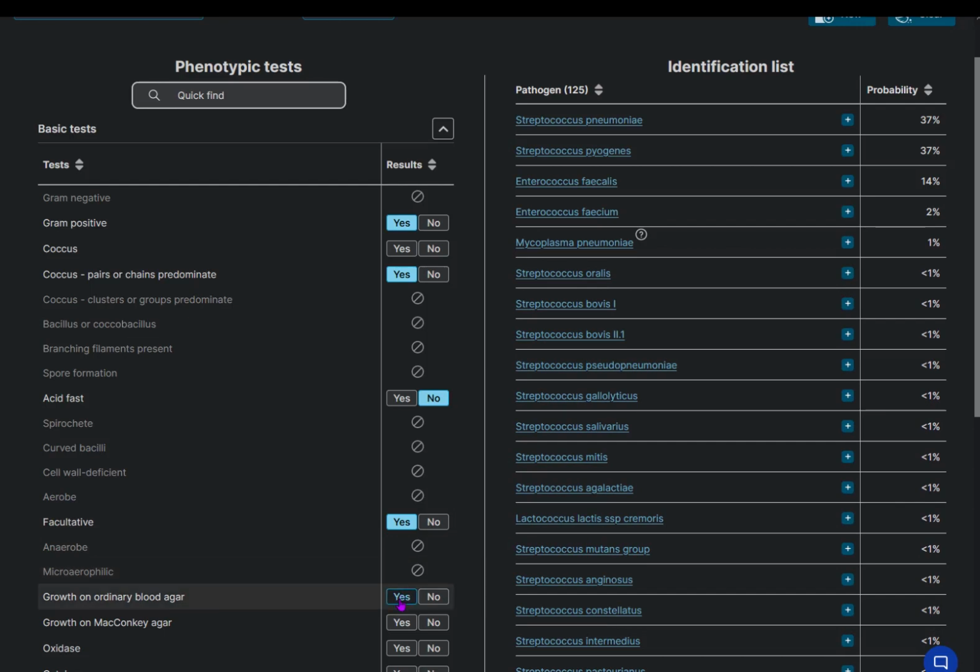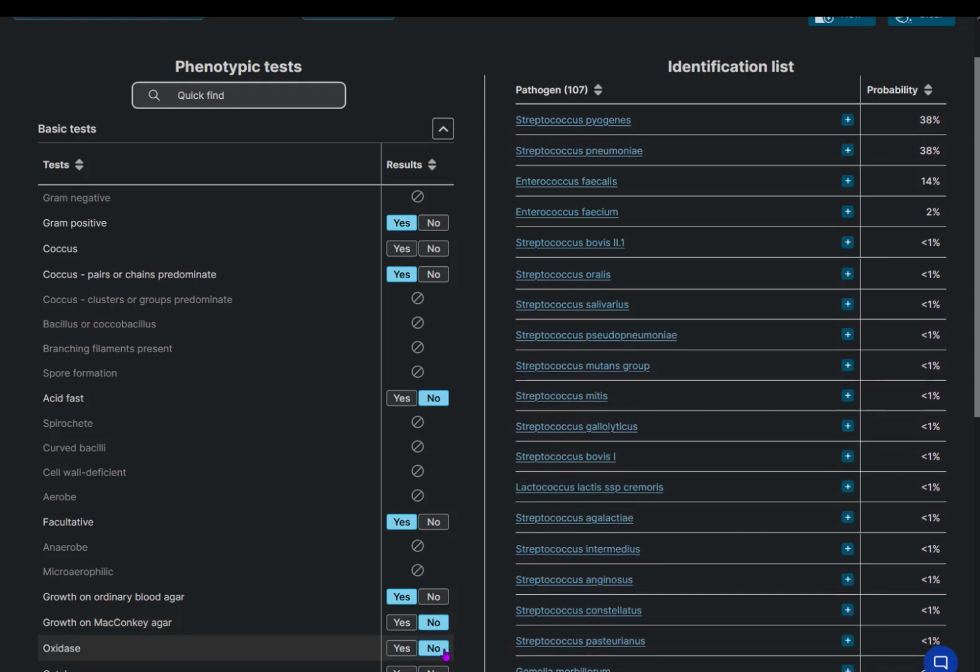It definitely grows on blood agar, which is very common. It does not grow on MacConkey agar because MacConkey agar is mainly for intestinal bacteria, but it contains bile salts. And so organisms that are not exposed in their normal environment to bile salts usually don't grow on it. Some do. It is oxidase negative and catalase positive.